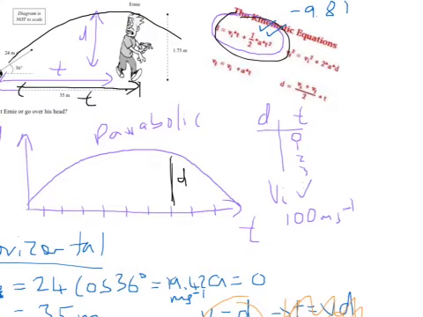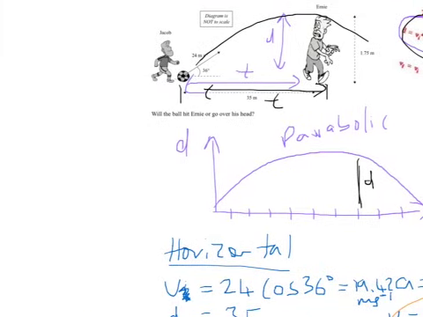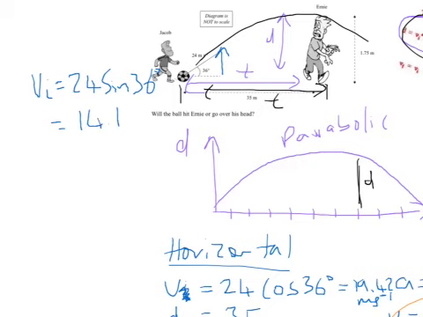The initial vertical velocity is here, and that is 24 sine this time, 36 degrees. And that gives us, I believe, 14.11, but I'll double check. 24 times the sine of 36 degrees equals 14.11, there we go, meters per second.